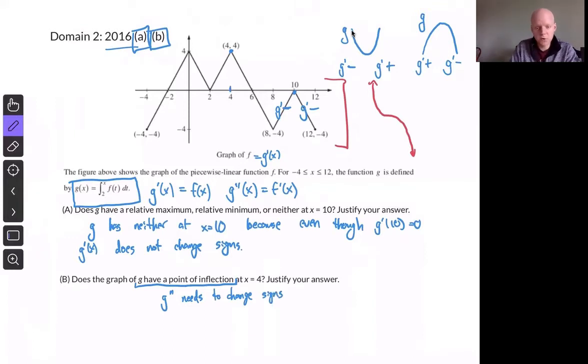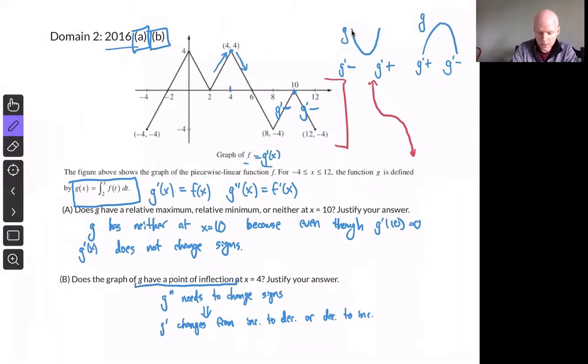And g double prime will change signs when g prime changes from increasing to decreasing, or decreasing to increasing. So as you see in this graph, at x equals 4, we see that g prime is increasing right there, and g prime is decreasing right there. Remember, this is the graph of f, or g prime.